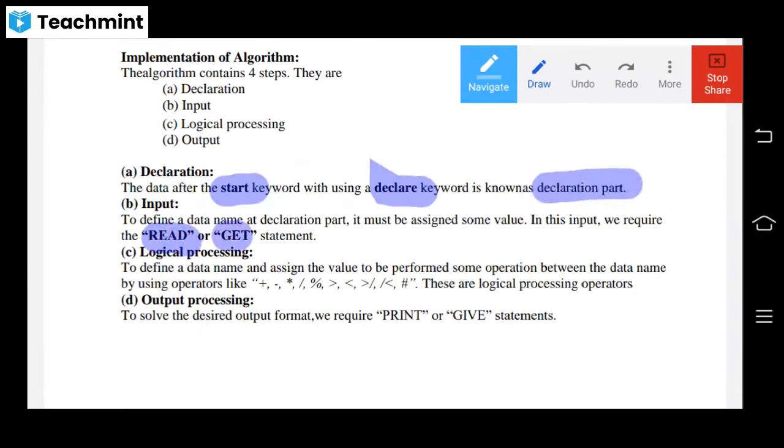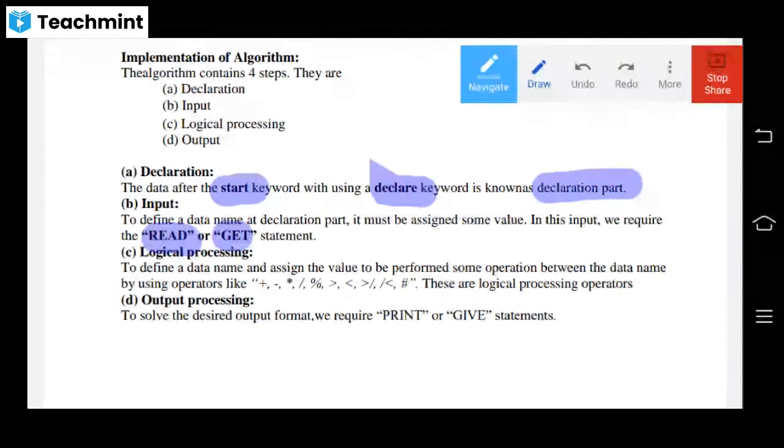The purpose of the read and get statements is that we must give some input to the program. After the declaration, we are giving the input.